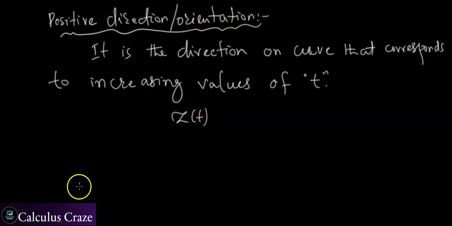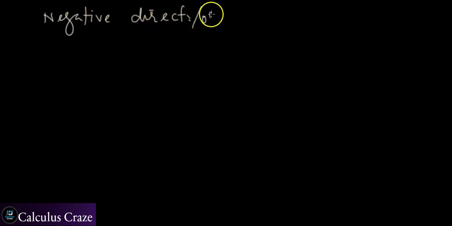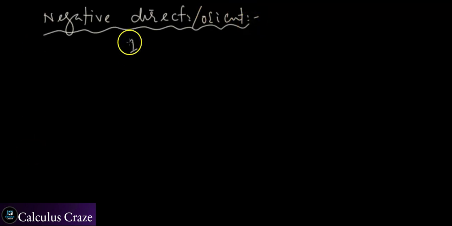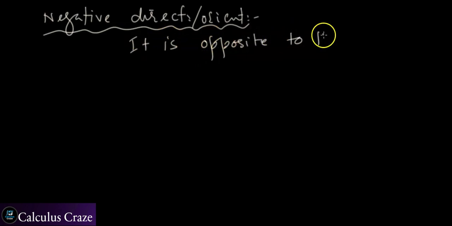And what do we mean by a negative direction? So negative direction or orientation is going to be the one which is basically opposite to the positive direction. So if you have a curve, then you have to check what is going to be the positive direction for it, and then you have to figure out whether it is oriented positively or negatively, right?